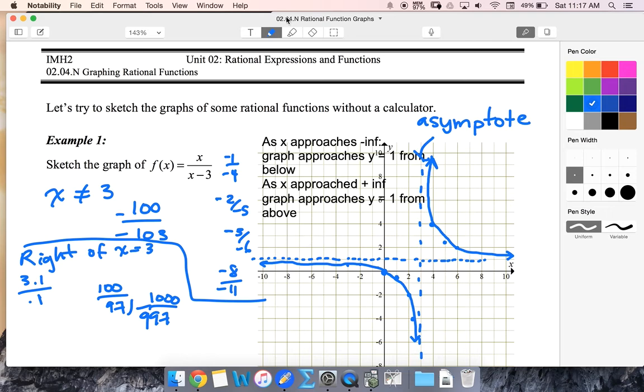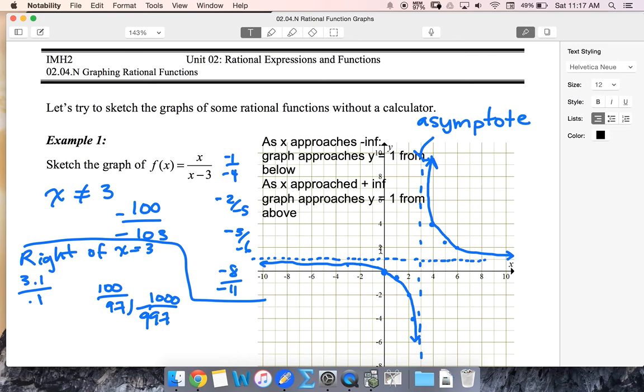Our other key areas to think about were as we approach 3. As we approach x equals 3 from the left, the graph went to negative infinity, and vice versa.